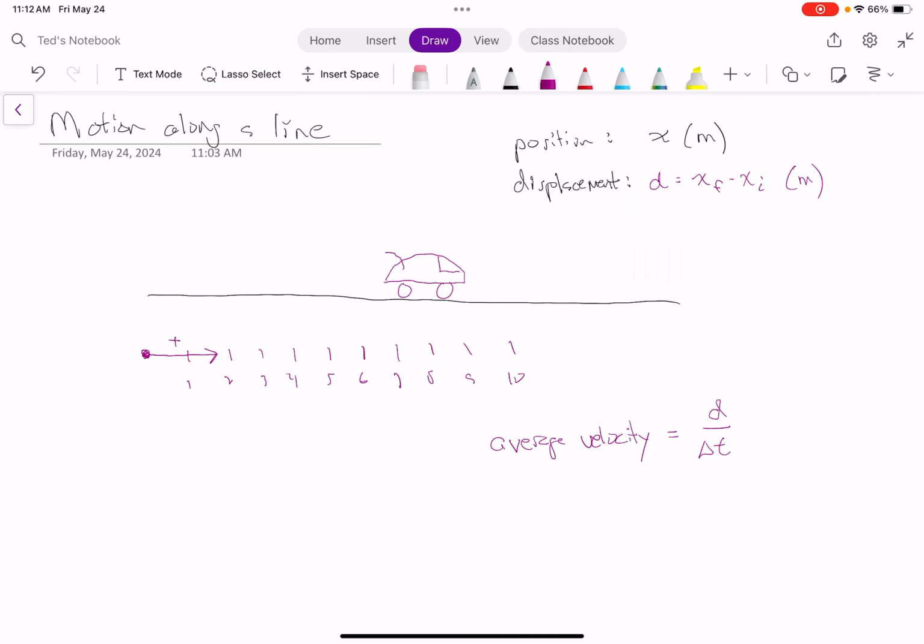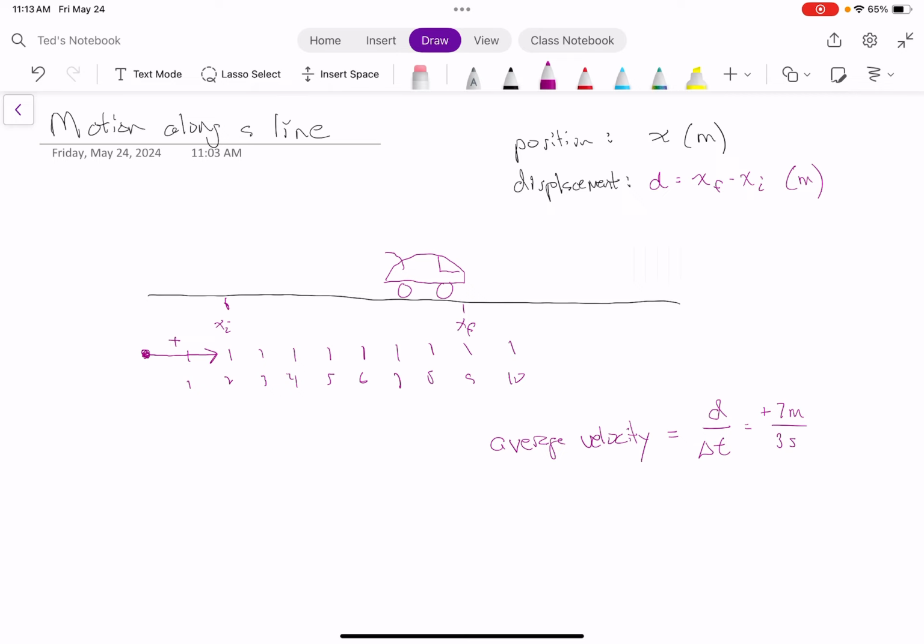So our initial position was x equals 2, and our final position was x equals 9. That means our displacement was plus 7 meters. Let's say that took 3 seconds. We would find our average velocity by looking at our displacement divided by our time.